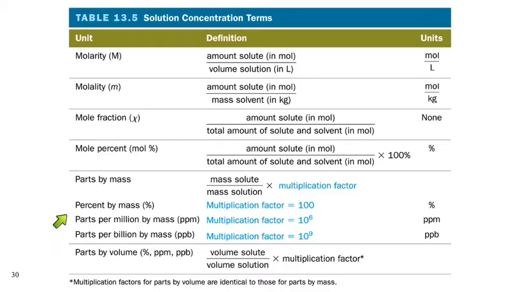And then parts by mass, which are very similar to each other, and parts by volume. So they're slightly different, but it all relates the amount of solute to the amount of solution or solvent. The reason there are so many different units here is because they're useful in different situations.